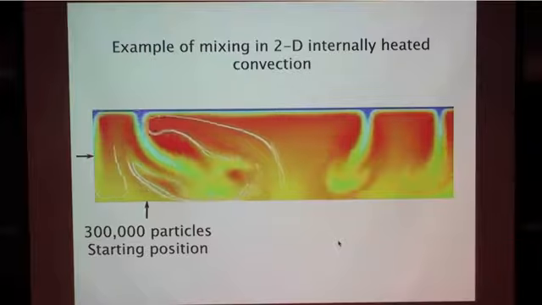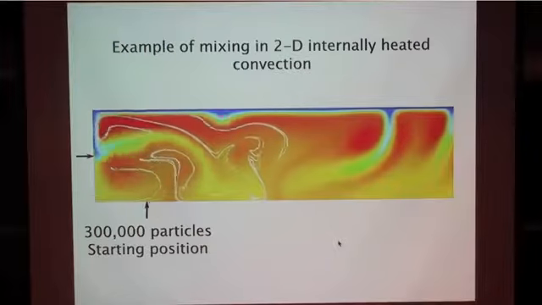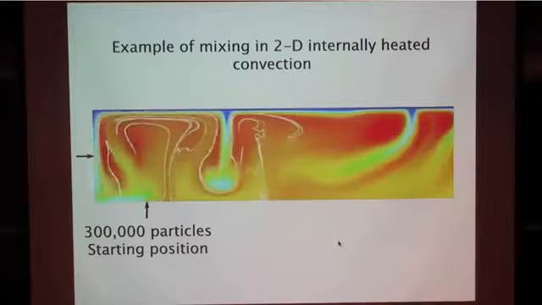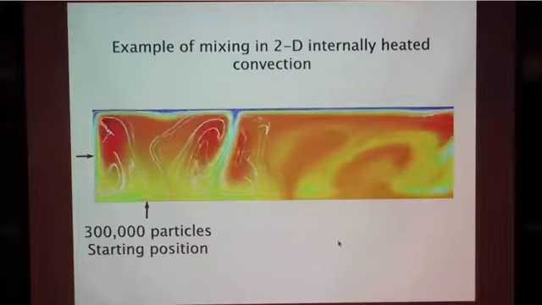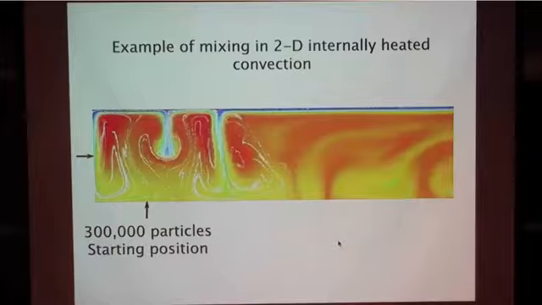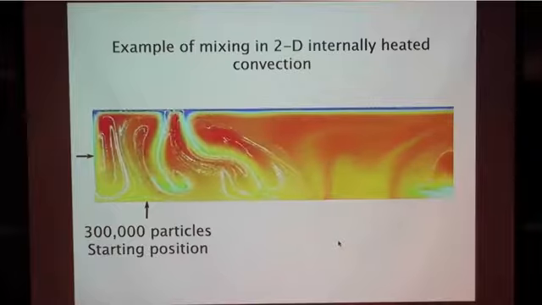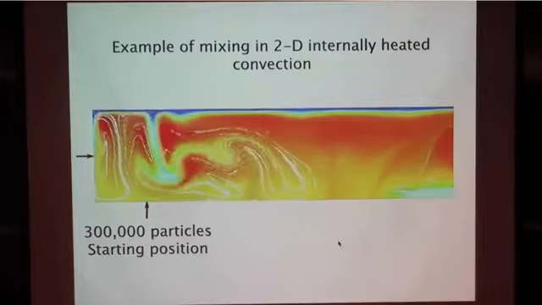So what's happening here is that at these points, there is exponential thinning and basically pure shear, and so there's exponential thinning and stretching, and that is where the dispersion of the particles is happening.